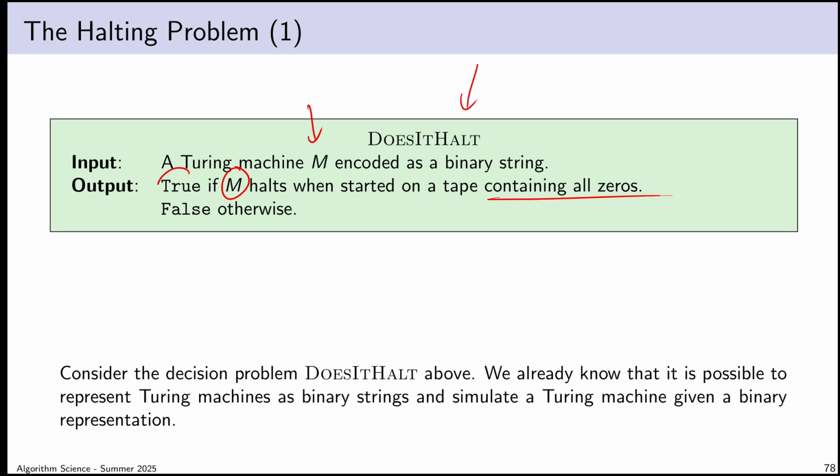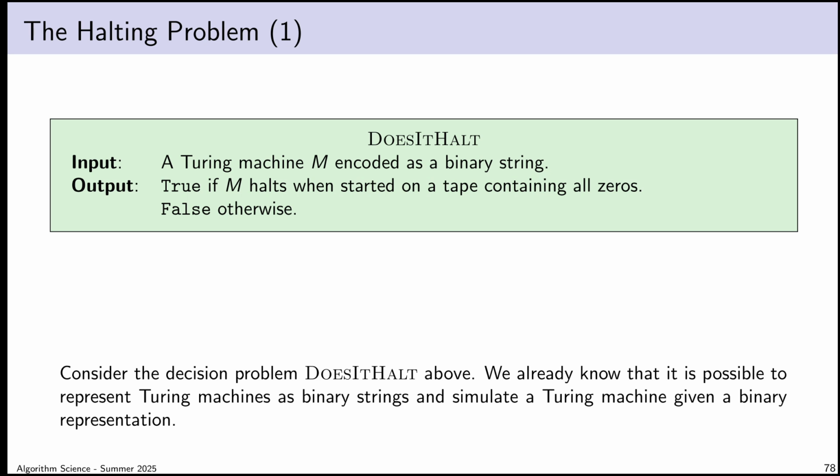So give me the answer true if it does. I don't know how long it takes, but if it ever halts, after any amount of time, if it ever reaches the halt state, return true. If not, return false. Now, one important note is that the only thing it can do besides halting is entering an infinite loop. I mean, either it eventually reaches the halt state or it goes around in circles forever.